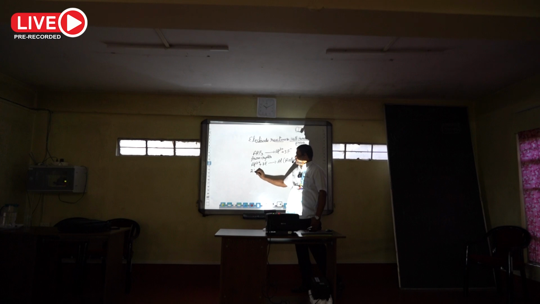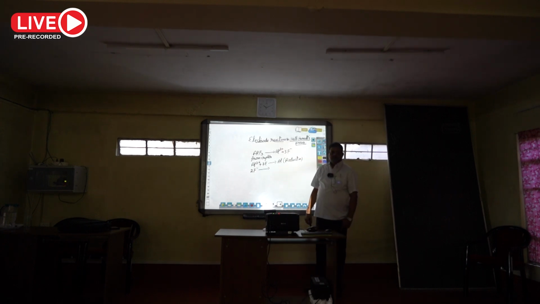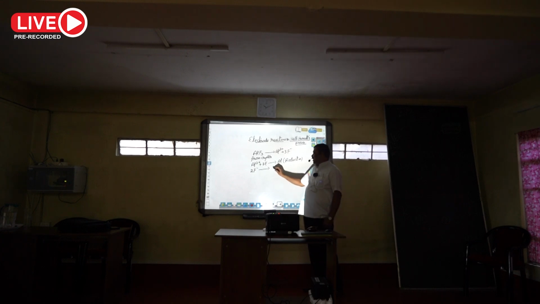Now the F- ions go to the anode and lose their negative charge and convert into fluorine gas. This is oxidation, loss of electrons.